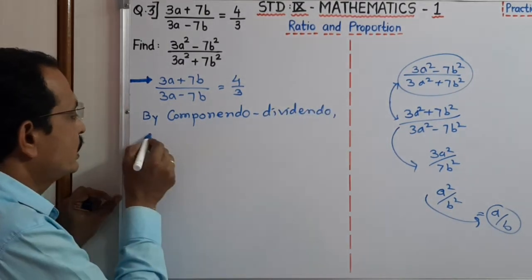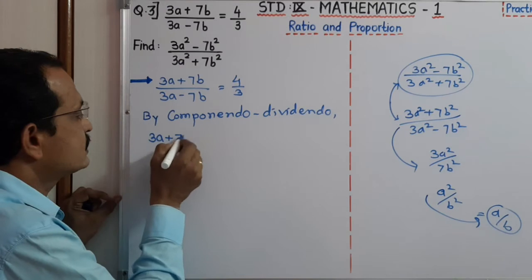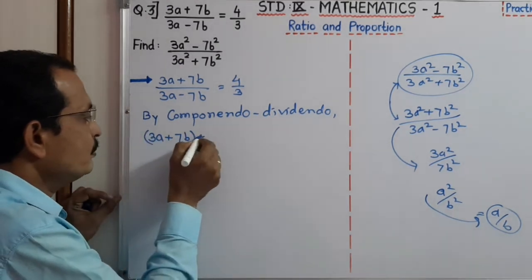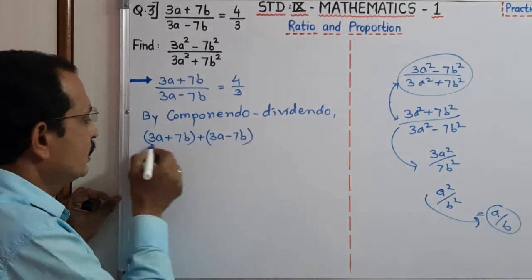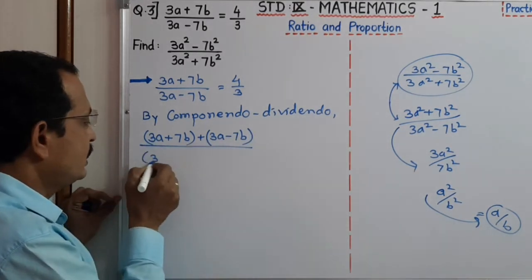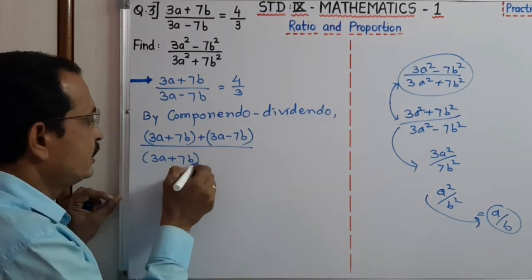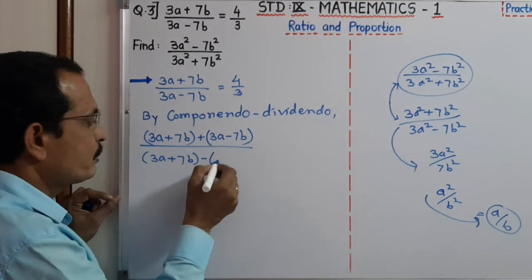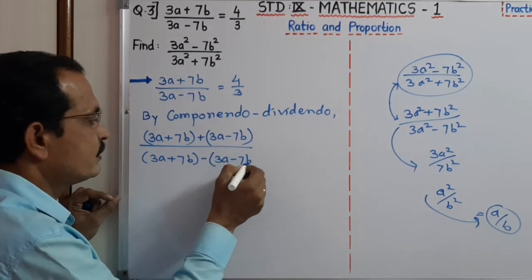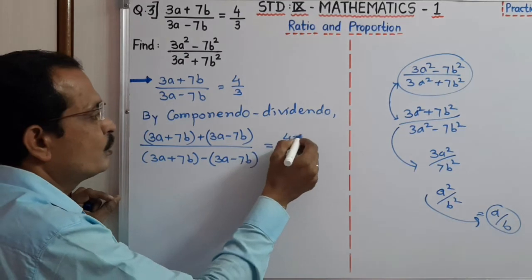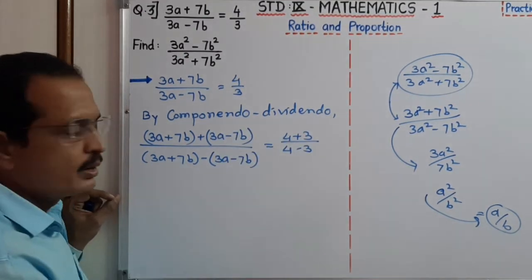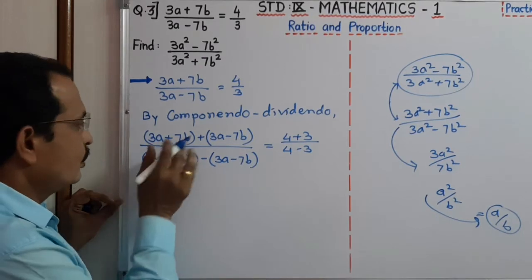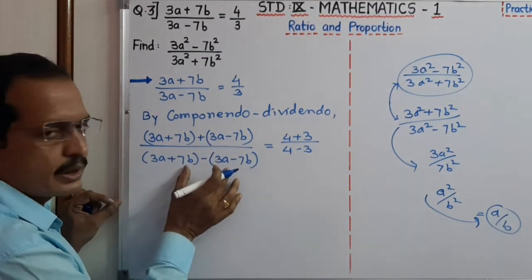And dear student, we write here (3a + 7b + 3a - 7b) / (3a + 7b - 3a + 7b). Instead of plus, we have to write minus: (3a - 7b) is equal to (4 + 3) / (4 - 3). Now dear students, see here, we have to do the addition of this, subtraction of this.